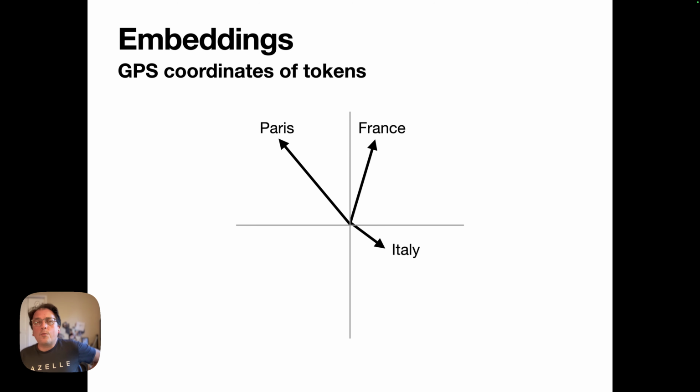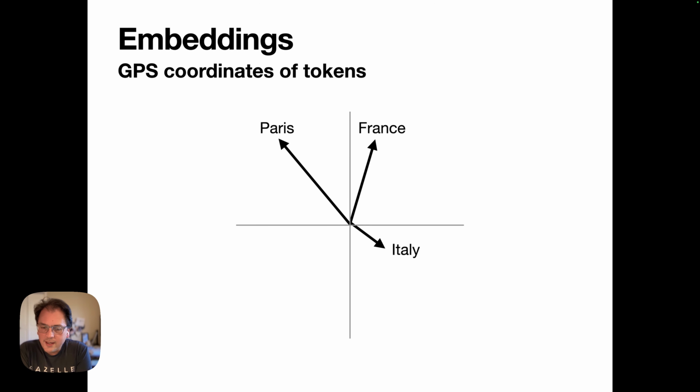It might have been a little bit vague what I mean by vectors and GPS coordinates, so let's dive into that a little bit more. Here we have three tokens: Paris, France, and Italy. The way to think about it is in a 2D or 3D plane.